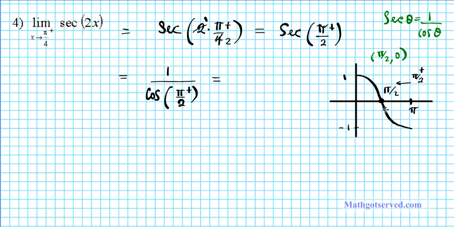But from what direction? As x approaches pi over 2 from the right direction, the function approaches 0 from the bottom. Okay, so how do we indicate that? It's going to be 0 from the negative direction. Okay, so what does that tell us? It simply tells us that 1 over cosine pi over 2 from the right is equal to 1 over 0 from the bottom in the direction of the y.